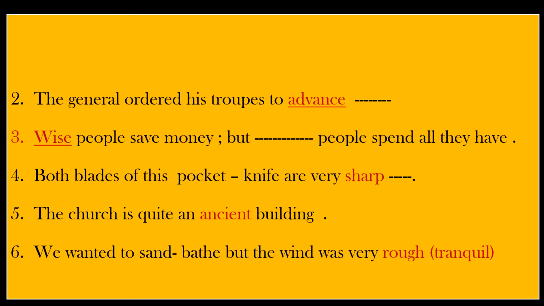The general ordered his troops to advance. What do we mean by to advance here? Advance here means to walk or move steadily and skillfully so as to attack, because we are referring this particular issue to a general, which means this is an army, a troop, from the barrack where soldiers are.